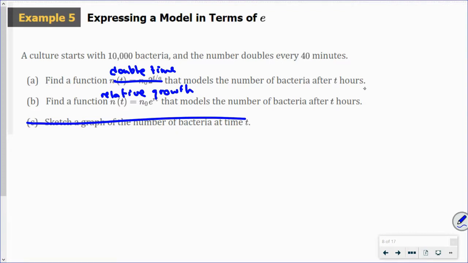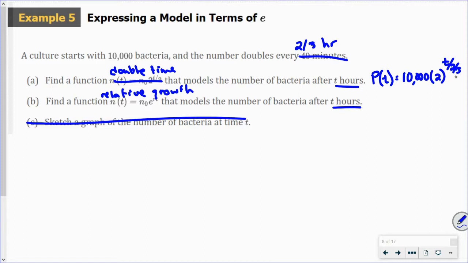Here I want hours for both of them, but they give it to me in minutes. But we know that 40 minutes is 2/3 of an hour, so instead of using 40 minutes, I'm going to use 2/3. So here we have population P(t) equals P naught, so 10,000, times 2 to the t over 2/3.